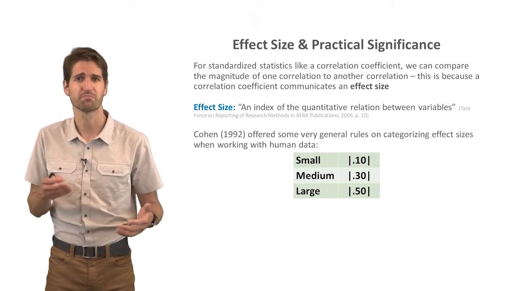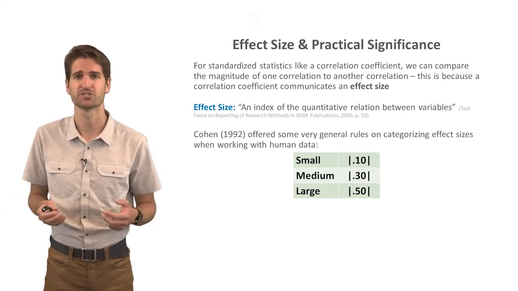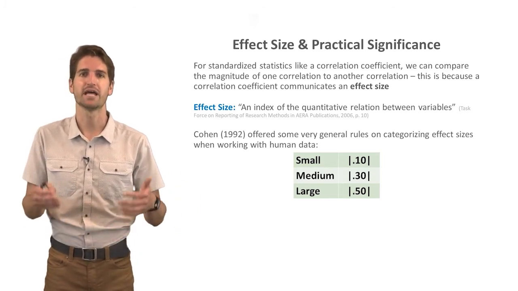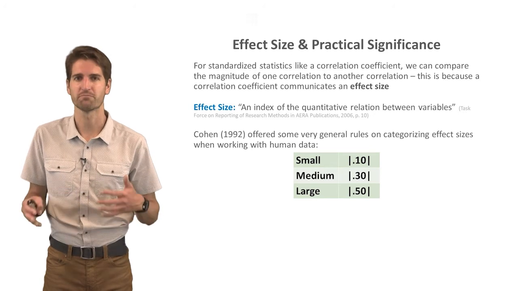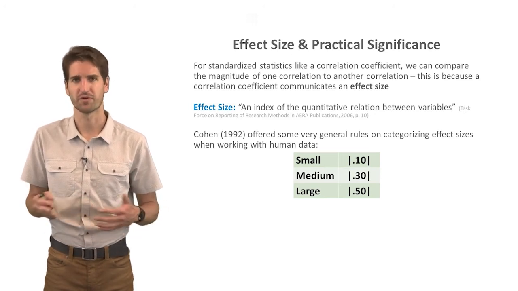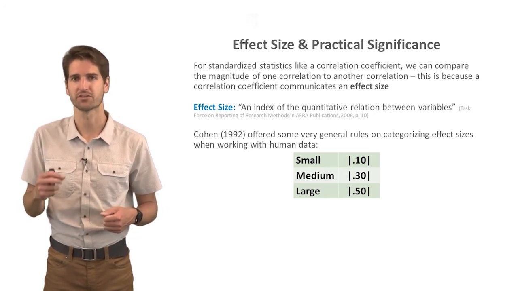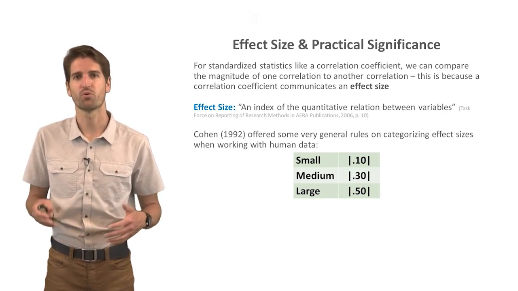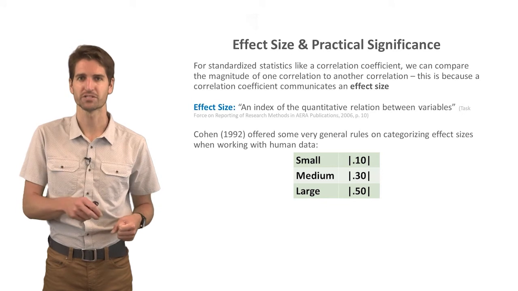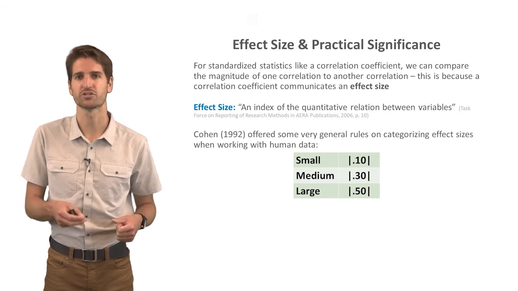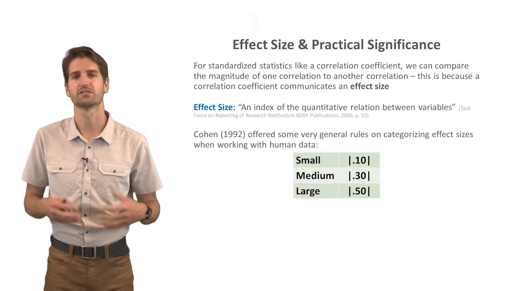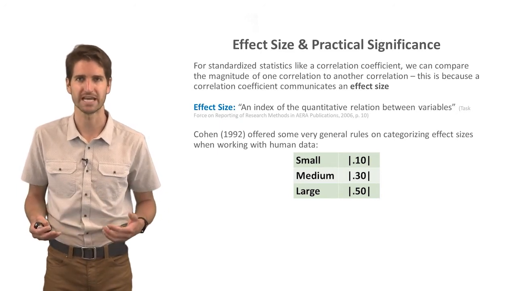So if your correlation is about 0.10, you can probably say with some confidence that's a small effect, assuming it was statistically significant. If the correlation was around 0.3, plus or minus in terms of the sign, that would be about a medium effect. If it's 0.5, so plus 0.5 for a positive correlation or negative 0.5 for a negative correlation, we would say that is a large correlation when we're dealing with human data.